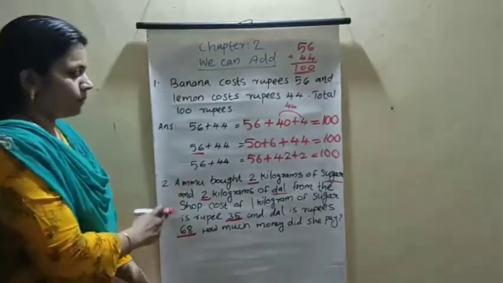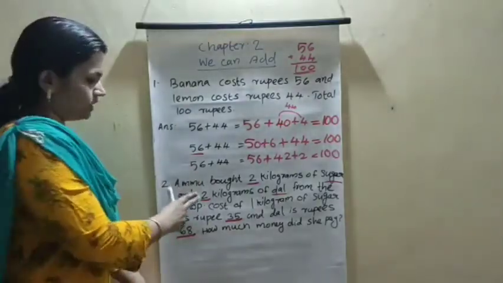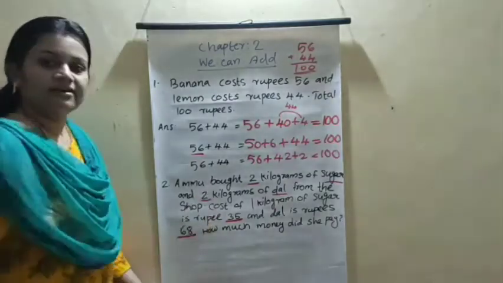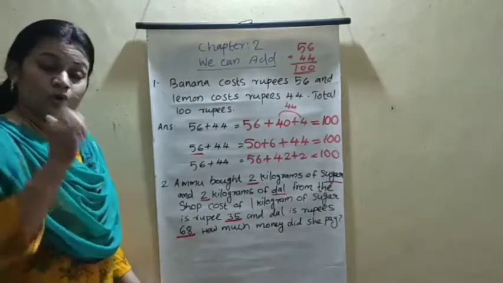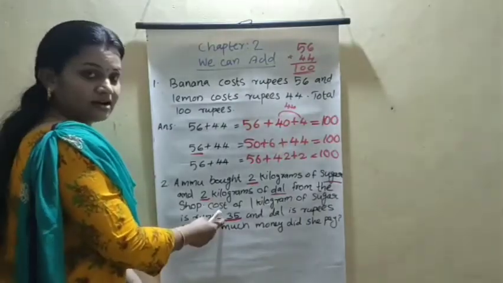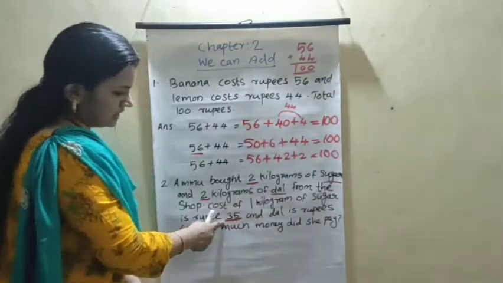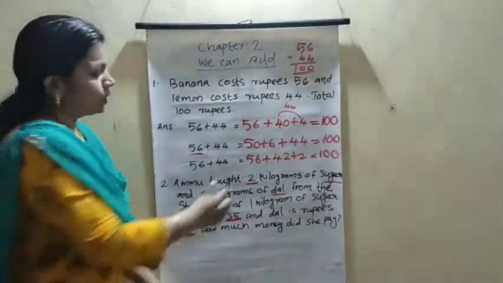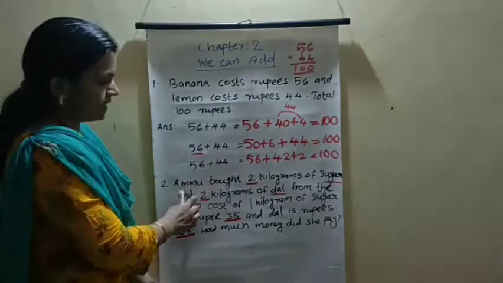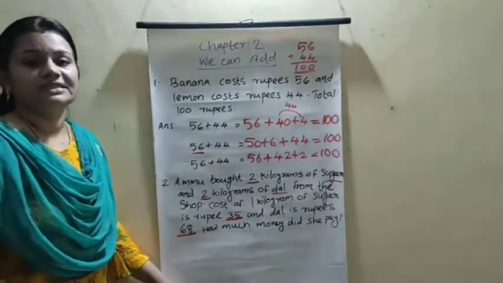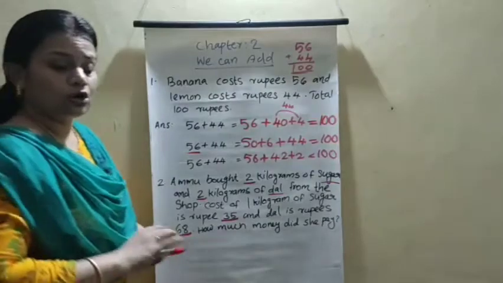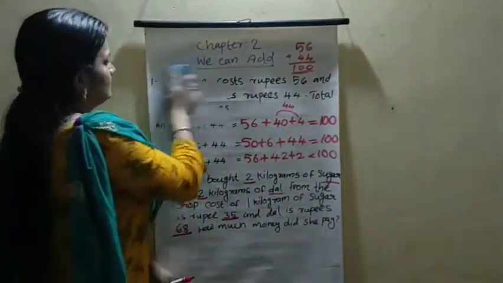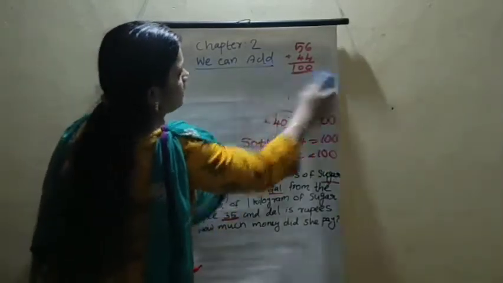Here it is given that Ammu bought 2 kilograms of sugar and 2 kilograms of dal, but only the 1 kilogram cost is given. 1 kilogram of sugar 35, 1 kilogram of dal 68. We want to find out the cost of 2 kilograms of sugar and 2 kilograms of dal. There is no need for space here, so I rub here.